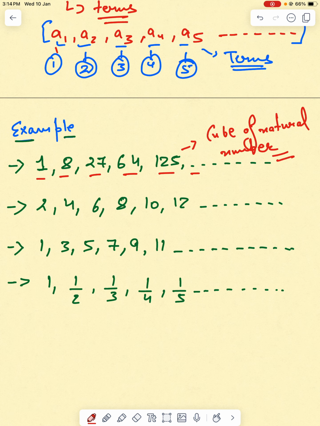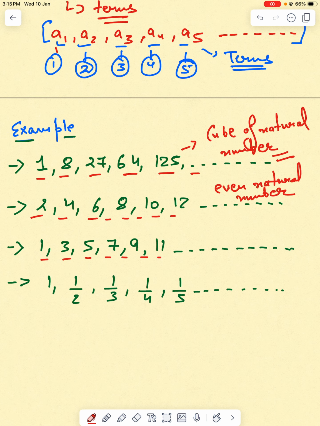Right? What about this sequence? This is arranged in ascending order of even natural numbers. And what about this?